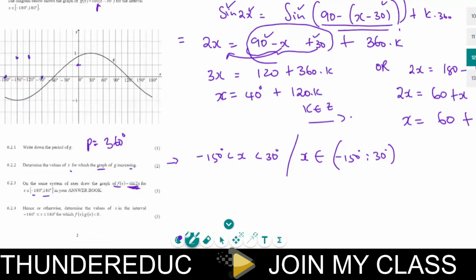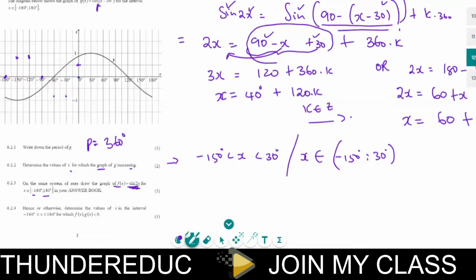And then with 60, I'm having negative 0.8, which will be maybe somewhere there. And then with negative 30, it's still going to be a negative value. And then with 0, it's going to give me a 0.